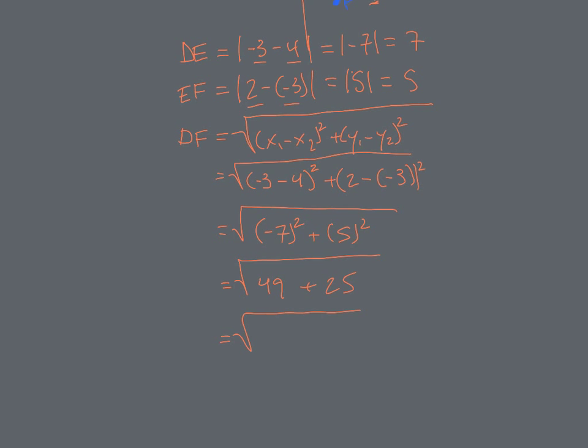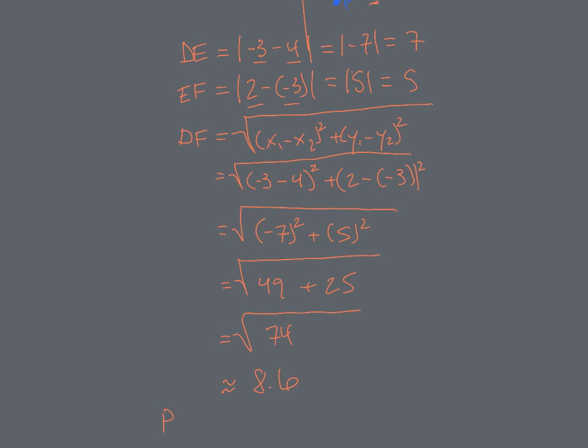That gives us 49 plus 25, which is 74. And the square root of 74, to bust out my calculator here, is approximately equal to 8.6. Not exactly 8.6, just approximately.